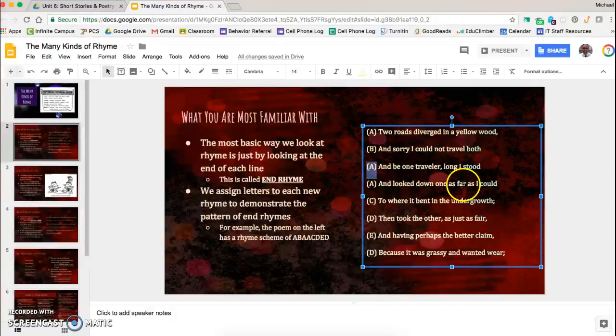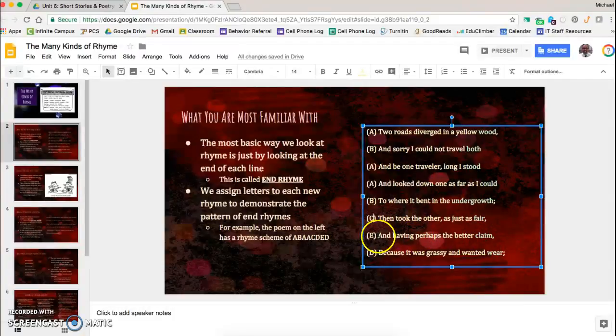And look down one as far as I could. Could rhymes with both stood and would. So it gets the same letter, A. To where it bent in the undergrowth. And actually, I have this labeled incorrectly. This should be the letter B because undergrowth rhymes with both. Then took the other as just as fair. And this should be a C now, because that one does not rhyme with anything we've had before.